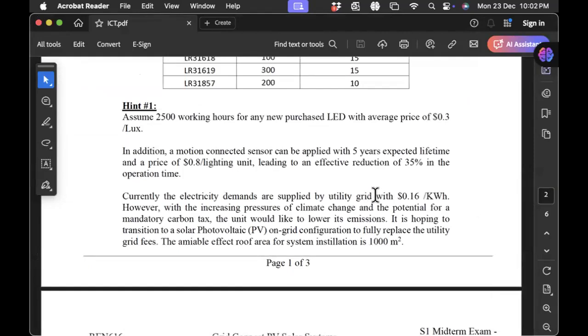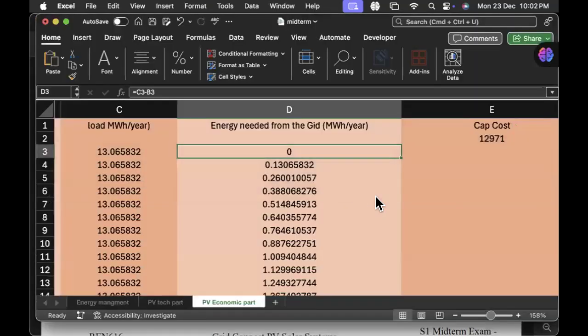So the grid now in 2024 has an electrical tariff of $0.16 per kilowatt hour. So simply what you are going to pay is the energy you are going to take from the grid, multiplied by this 0.16.